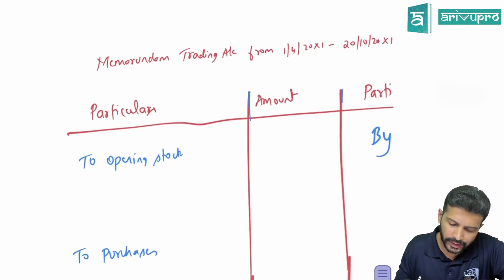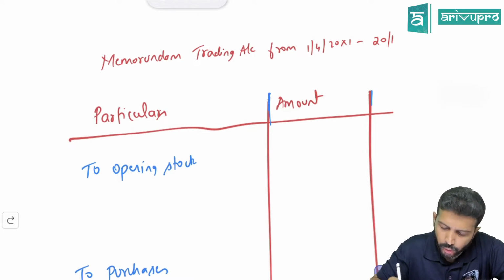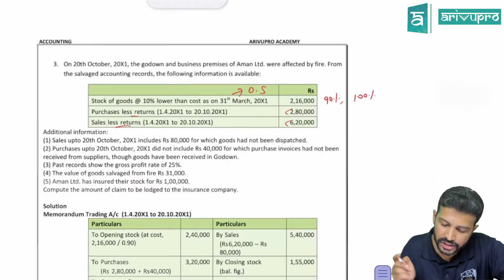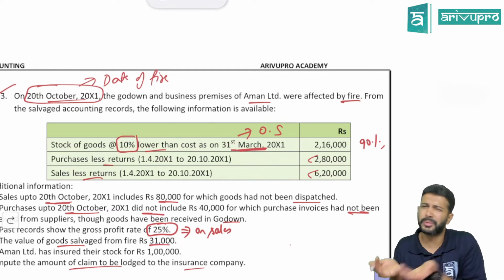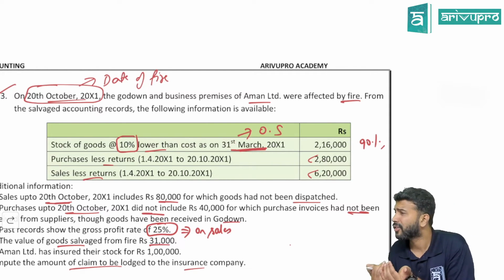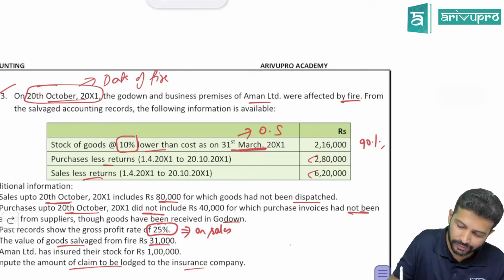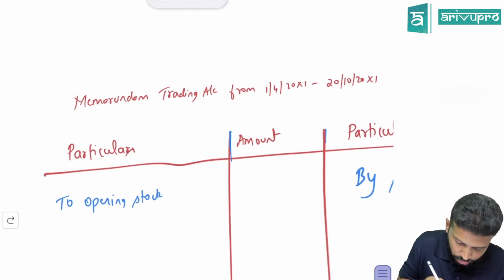Okay, the first component that will come in the memorandum trading account is what, sir? Opening stock. Opening stock means stock as on 1st April. Have they given 1st April stock? They have given 31st March stock. 31st March closing stock only will become 1st April opening stock. So how much is the value of opening stock given in the question? 2,16,000.